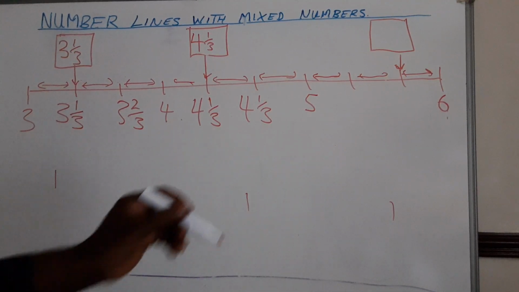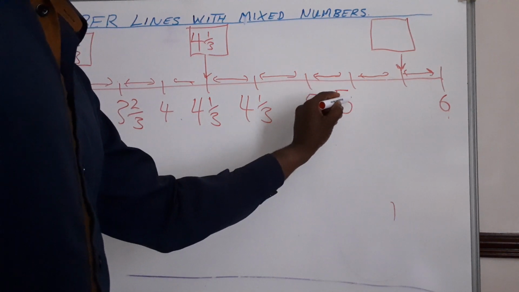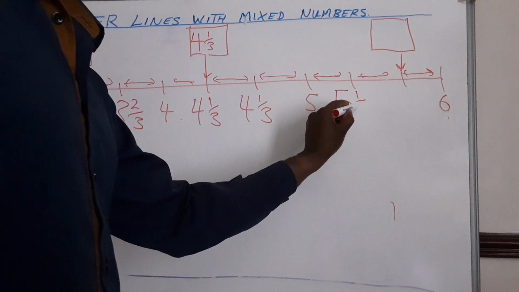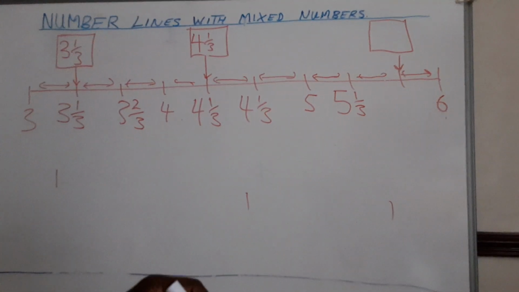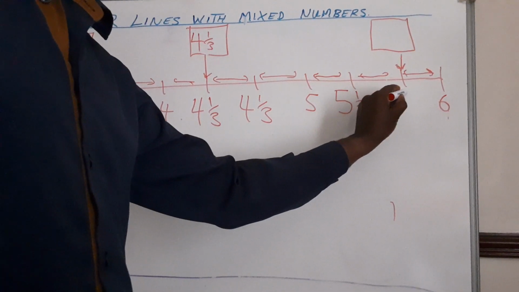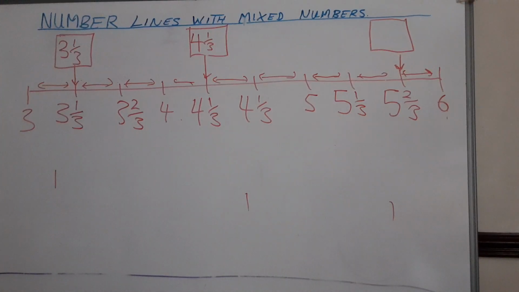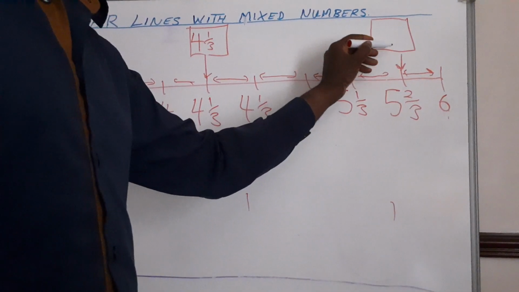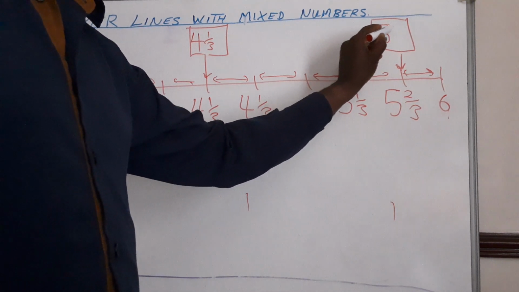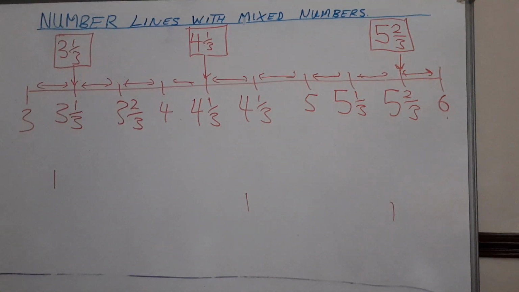So we can complete the number line by saying this one is going to be 5 whole number and 1/3. And this is going to be 5 whole number and 2/3. So we can write here that the arrow is pointing to 5 and 2/3.